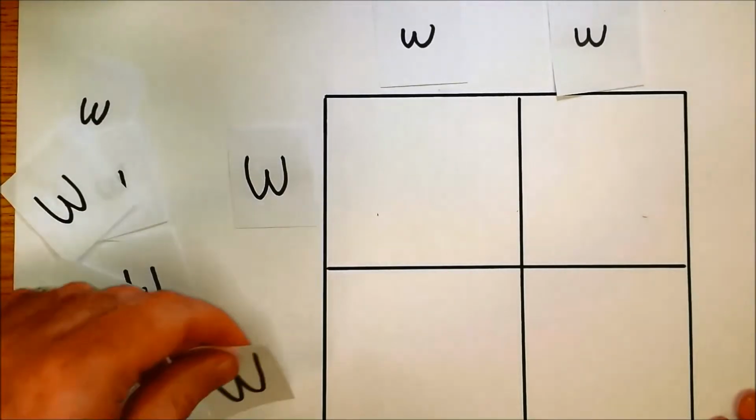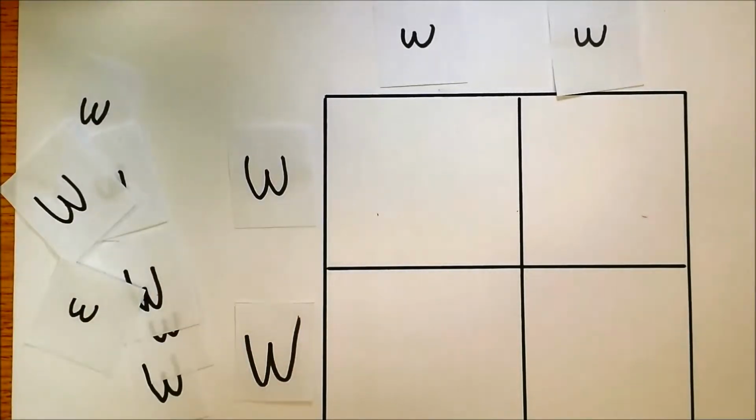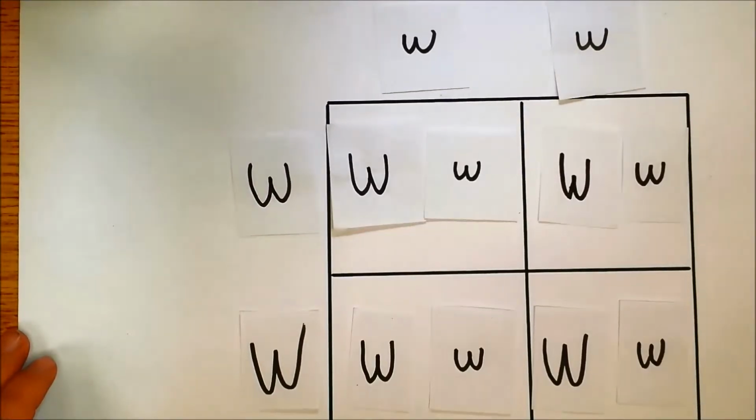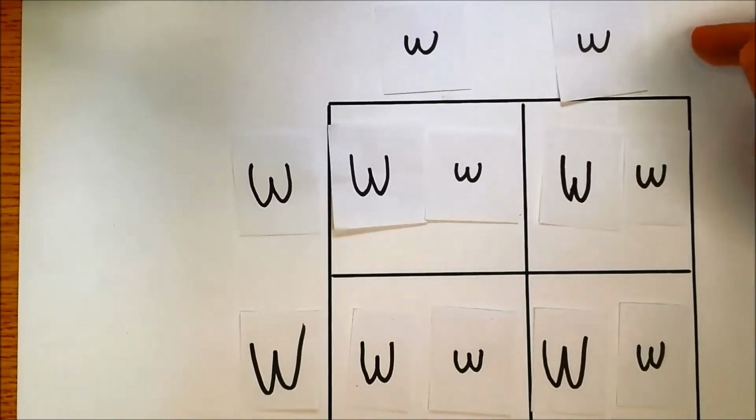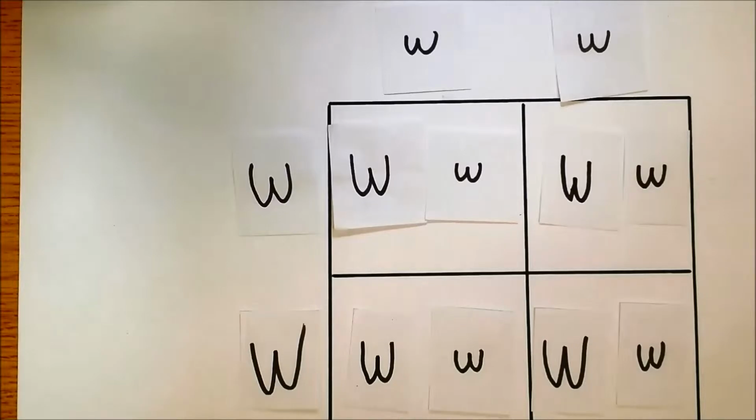Okay, that's not a problem. And then you make your cross. I assume that at this point you know how to make the cross, so I'm going to skip to that really quickly. Alright, so that is my first cross. Homozygous recessive dad, dry earwax. Homozygous dominant mom, pure dominant, wet earwax. Each square represents a 25% chance.